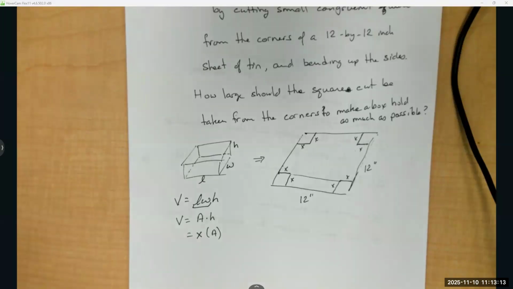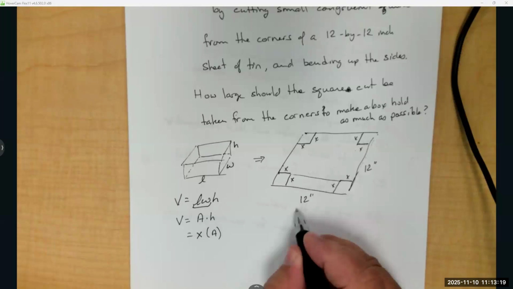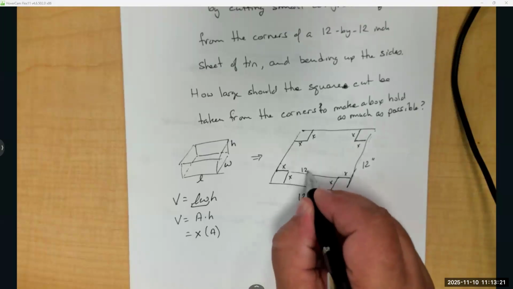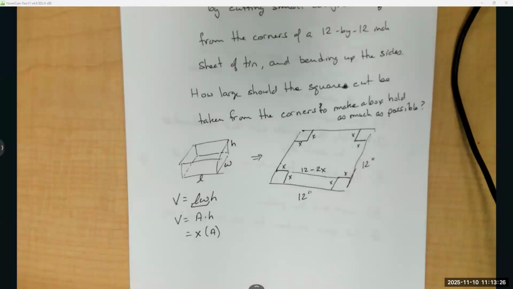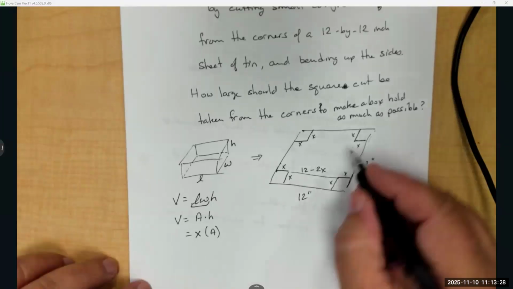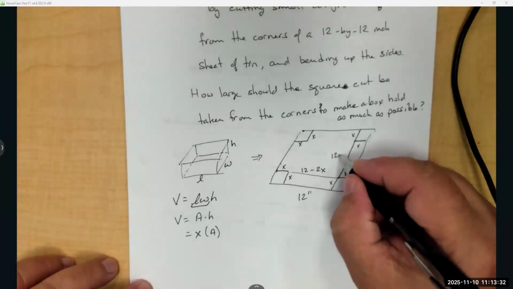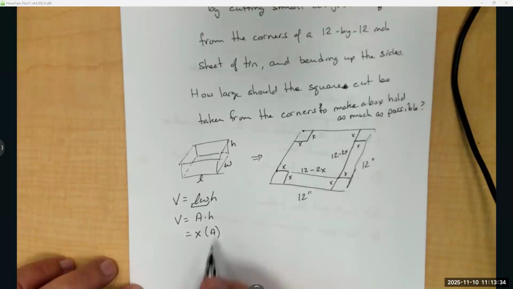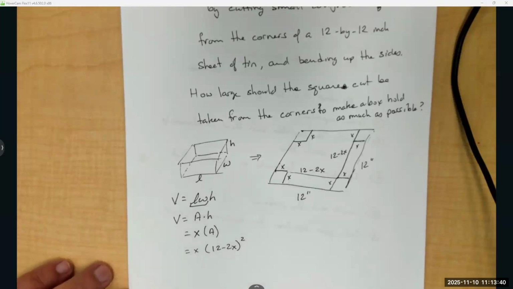What's L? This is going to be 12 inches minus the two x's. Very good. Since this is a square box, it'll be the same there too. So the area is 12 minus 2x squared.